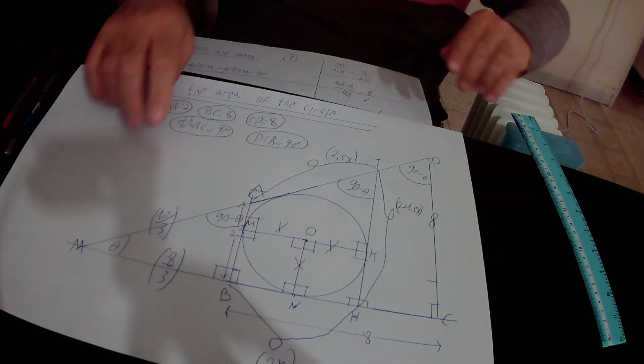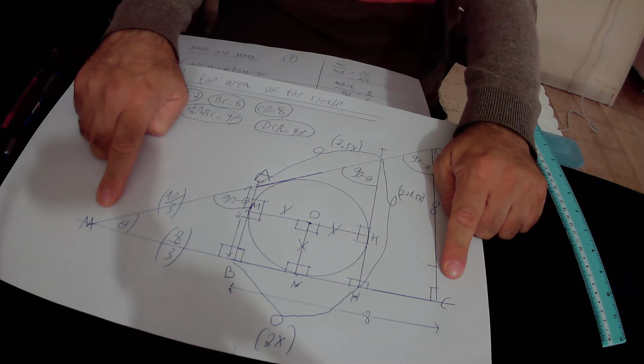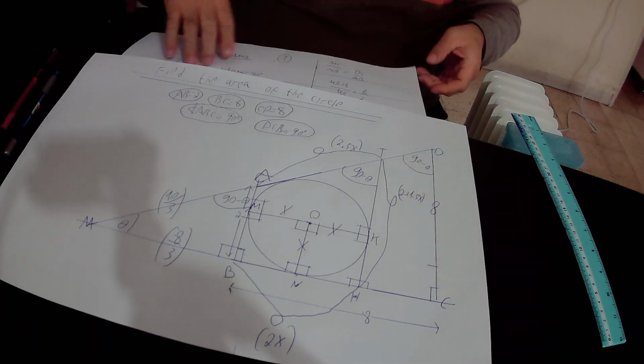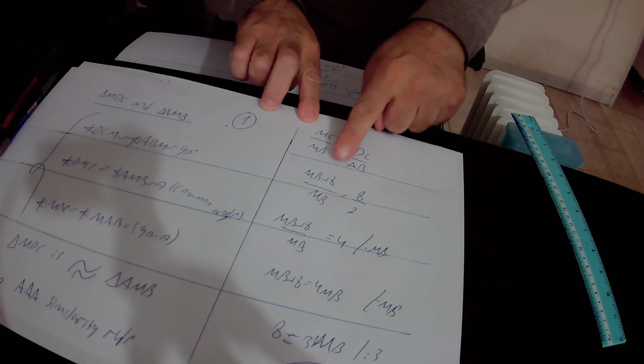From the drawing, it is easy to see that MC equals MB plus BC, that is 8. So in total, MC equals MB plus 8.